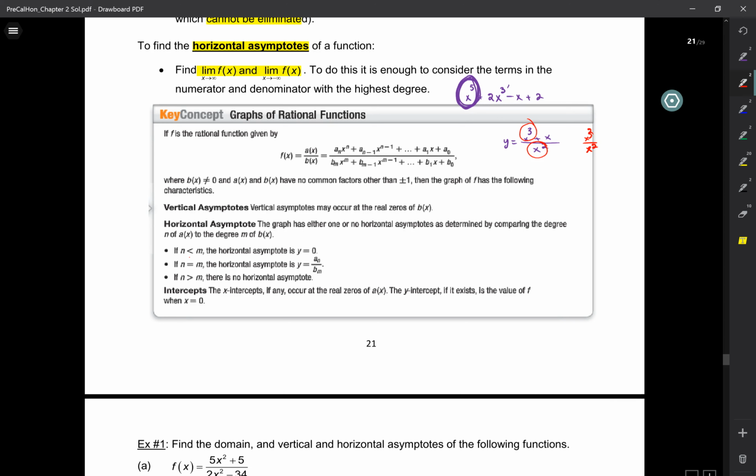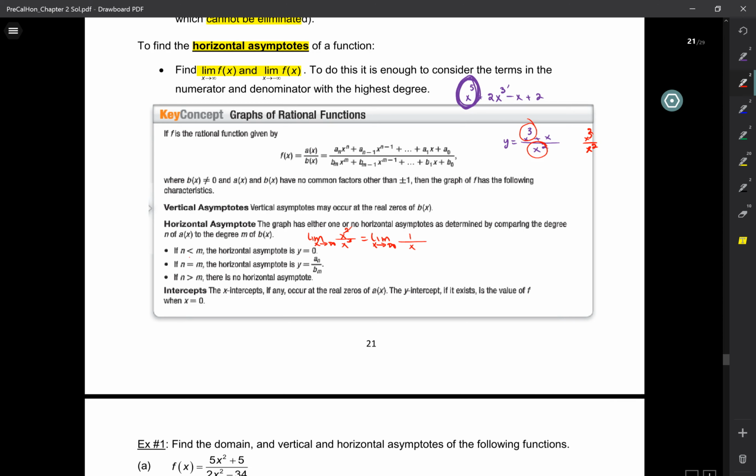Suppose you end up with something like this, x squared over x cubed. All right? What we want to do is find the limit of this as x approaches infinity. Now, once you simplify, what do you end with? These cancel, so you have 1 over x.